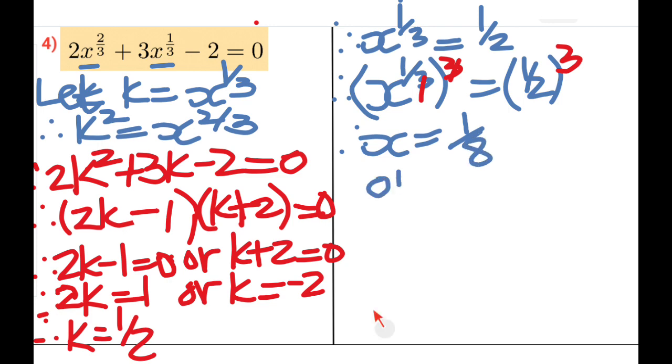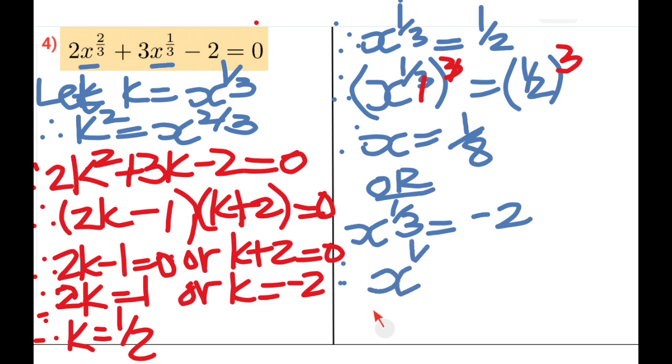Or the second scenario, where x to the power of a third equals negative 2. Now we'll raise that also to the power of 3 to get rid of the fractional exponent.